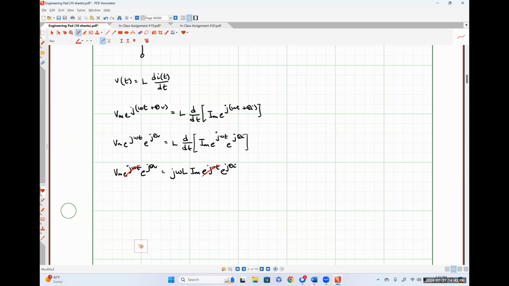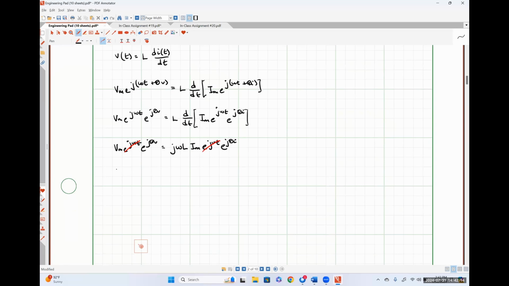So in our previous problem where we had a resistor, we had an exponential form complex number on the left-hand side. So we had Vm e to the j theta v. And on the right-hand side, we had something times Im e to the j theta I, where with the resistor, it was just the resistor value by itself.